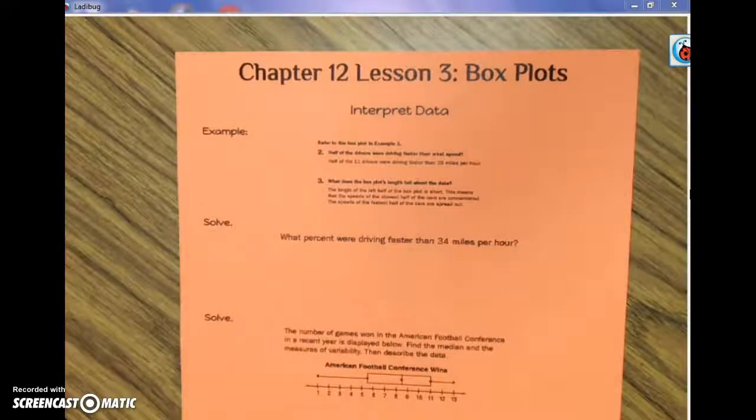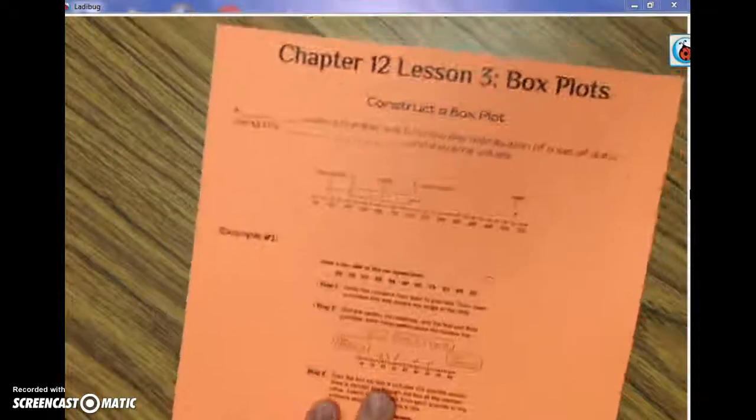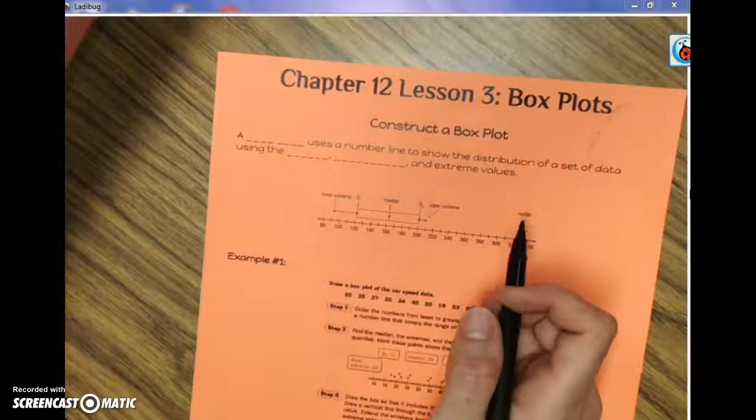Today we are going to learn how to do box plots. So make sure it's on the side that says construct a box plot. Let's start by filling in the top.